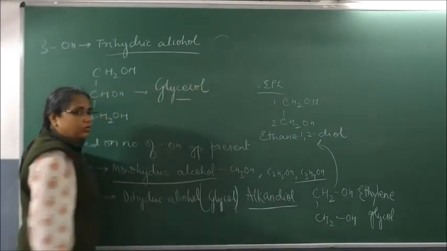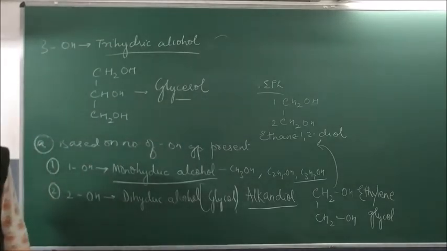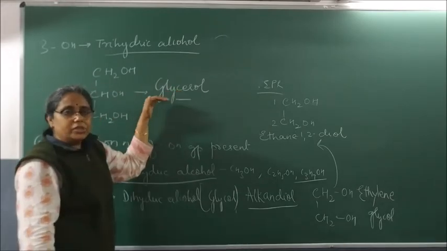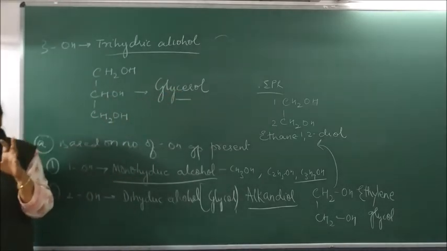When it is dissolved in water, it is called glycerine. Glycerine is also called artificial tear. They put glycerine in eyes to cry. So it is glycerol. Its aqueous solution mixed with water is called glycerine.